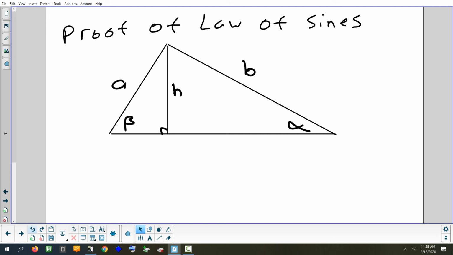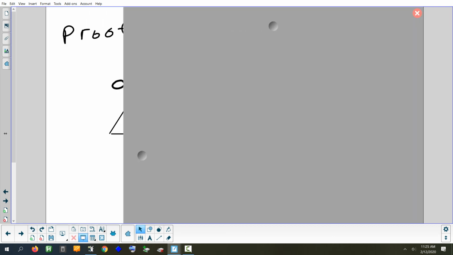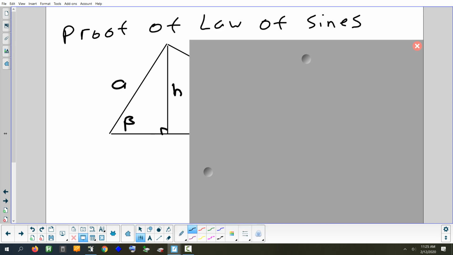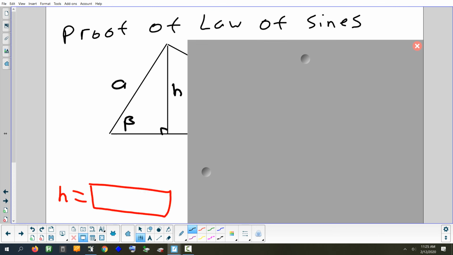So what I want to do is look at it as two separate triangles. I'm going to block the triangle on the right first. Now, what I want to do is come up with a formula for h. So when I'm done, I want a formula in that box. I have that angle, that side, and that side. What's the name of the side that's labeled h from the perspective of beta? It's opposite. H is opposite the angle. What about A? Hypotenuse.